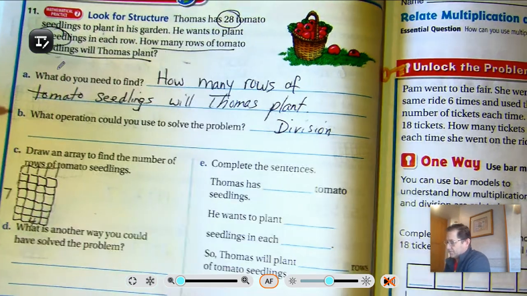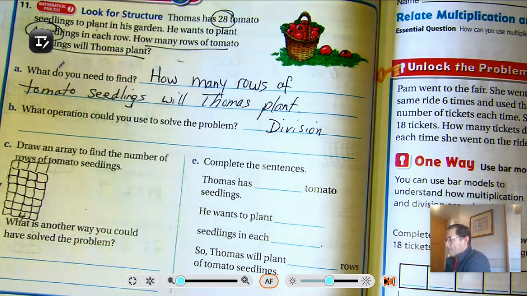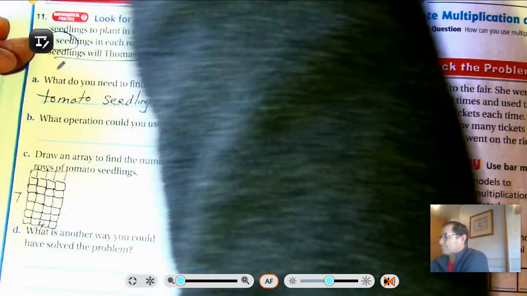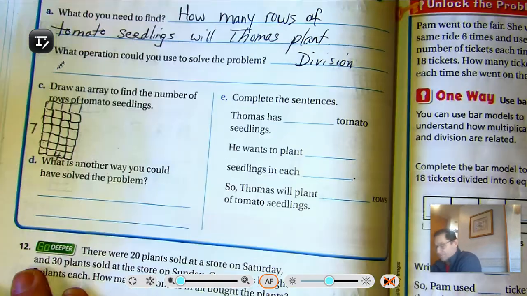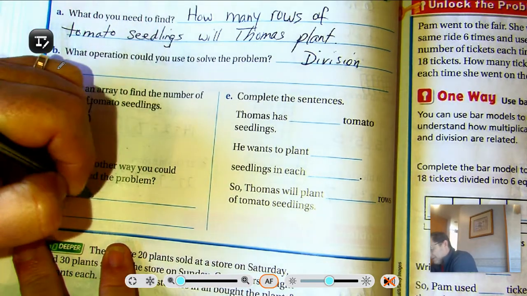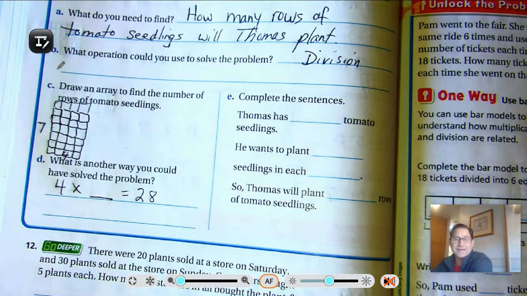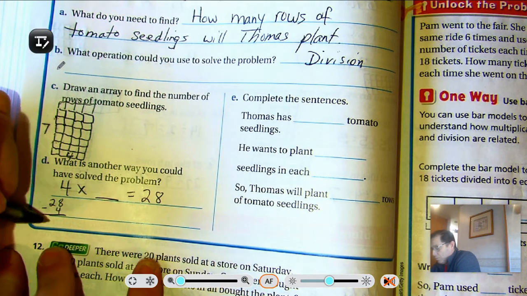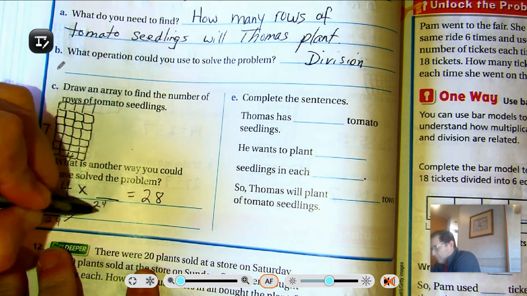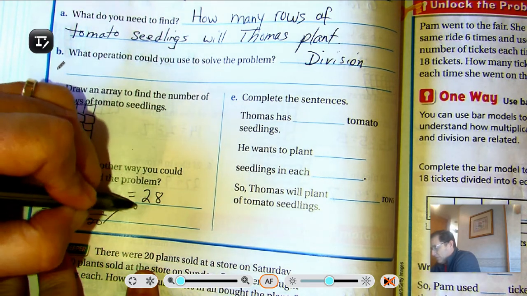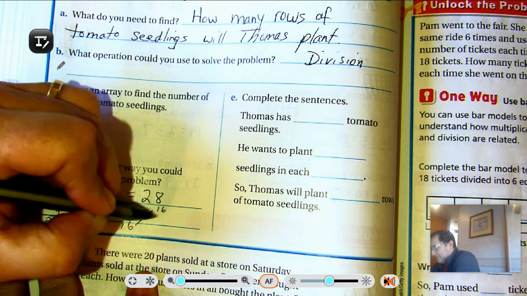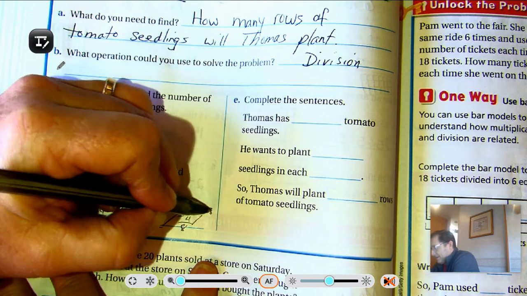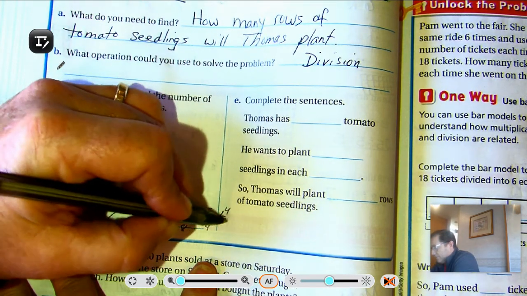So what is another way you could have solved the problem? Okay, so like I said, we could have multiplied, and we could have said 4 times what is 28. I could have gone 28 take away 4 is 24. 24 take away 4 is 20. 20 take away 4 is 16. 16 take away 4 is 12. 12 take away 4 is 8. 8 take away 4 is 4. 4 take away 4 is 0.